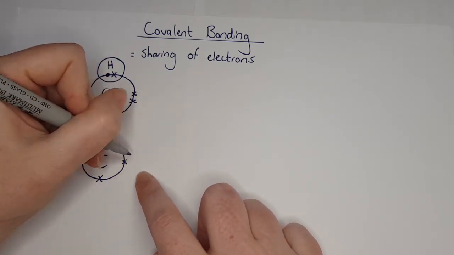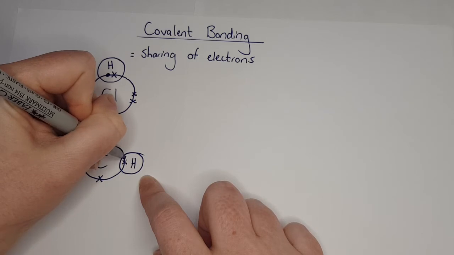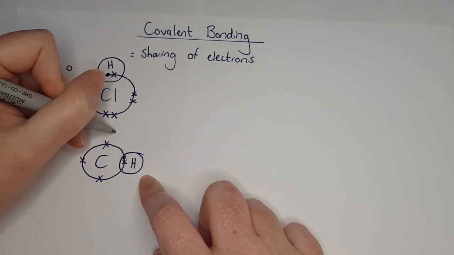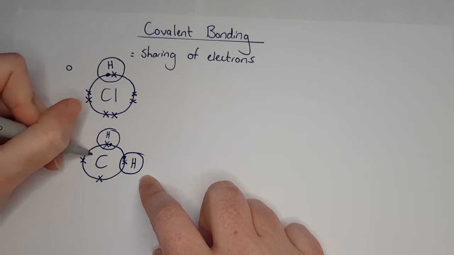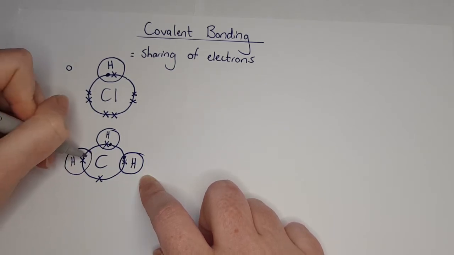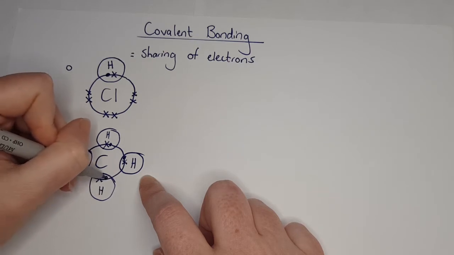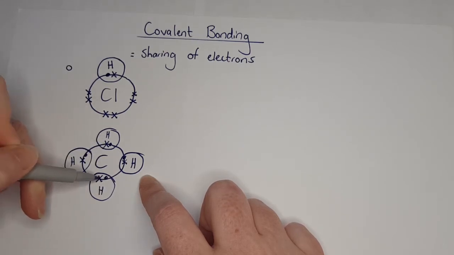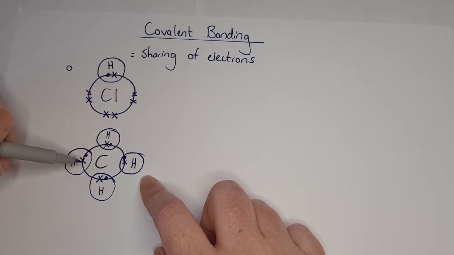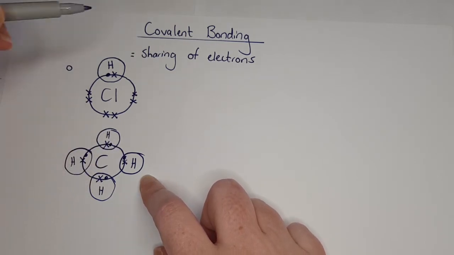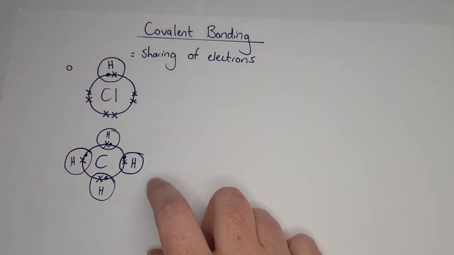So then I can add hydrogen, which is going to share its electron, another hydrogen, which is going to share its electron, another one, and another one. Now those become bond pairs. So this molecule only has bond pairs in it, whereas this one has lone pairs and bond pairs.